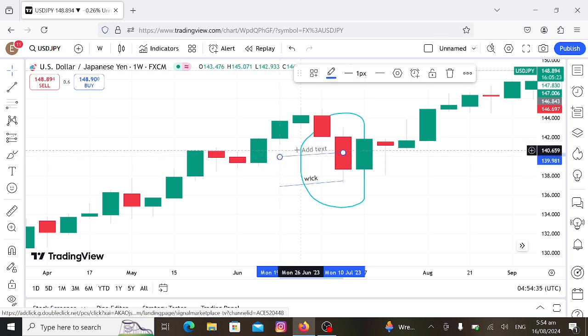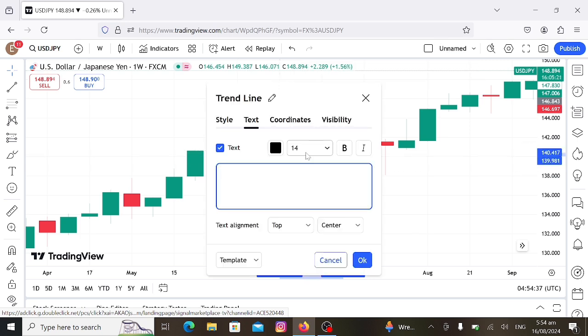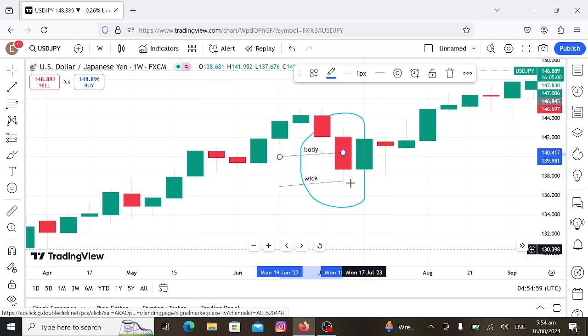This place here is the body, the fat part.